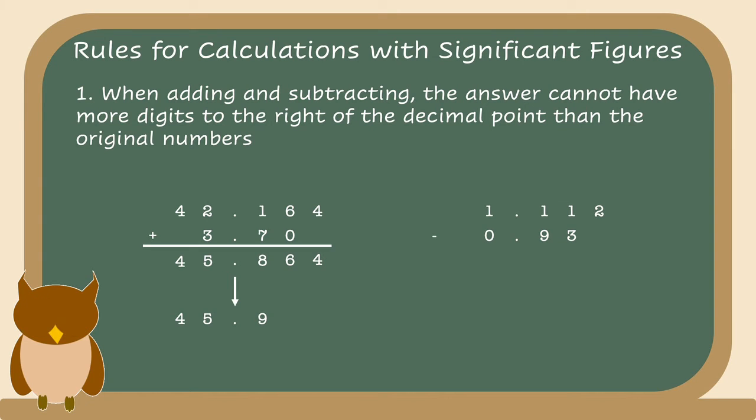Another example, 1.112, which has 4 significant figures, minus 0.93, which has 2 significant figures. So let me just resolve this for you again.